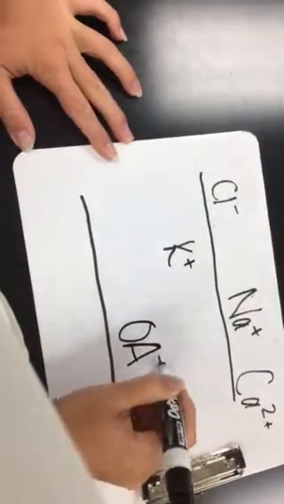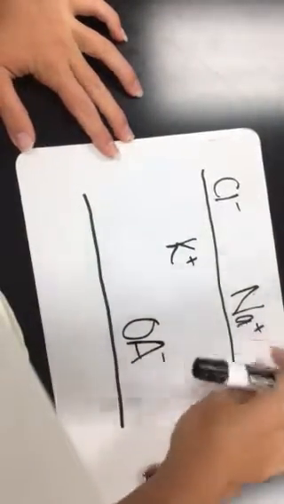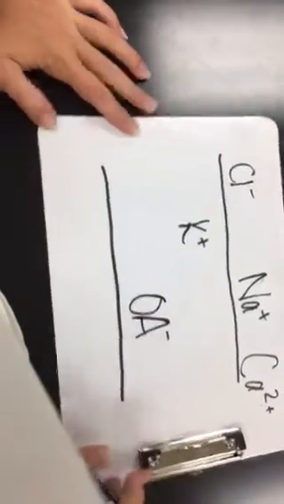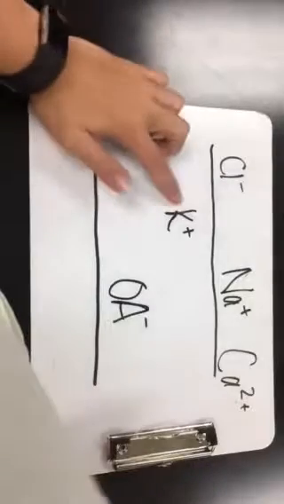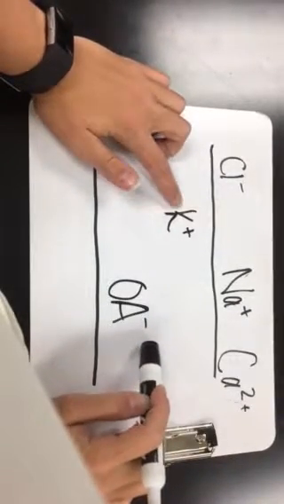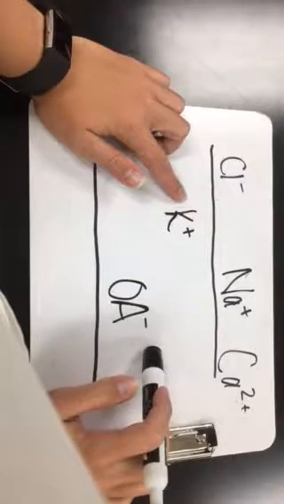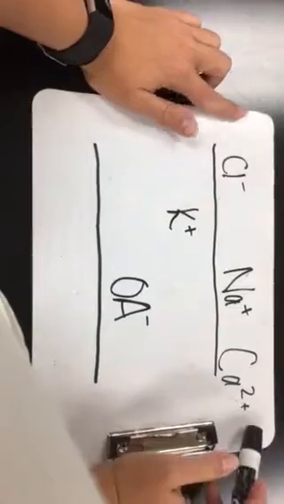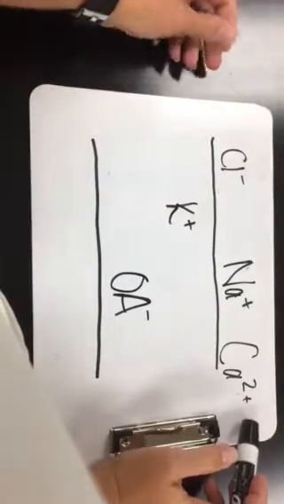The reason I've drawn some on the outside in the extracellular space and some on the inside is not because they only exist on one side, but simply because potassium and those organic anions are a lot more concentrated on the inside of the cell at resting membrane potential, and these others are a lot more concentrated on the outside of the neuron.